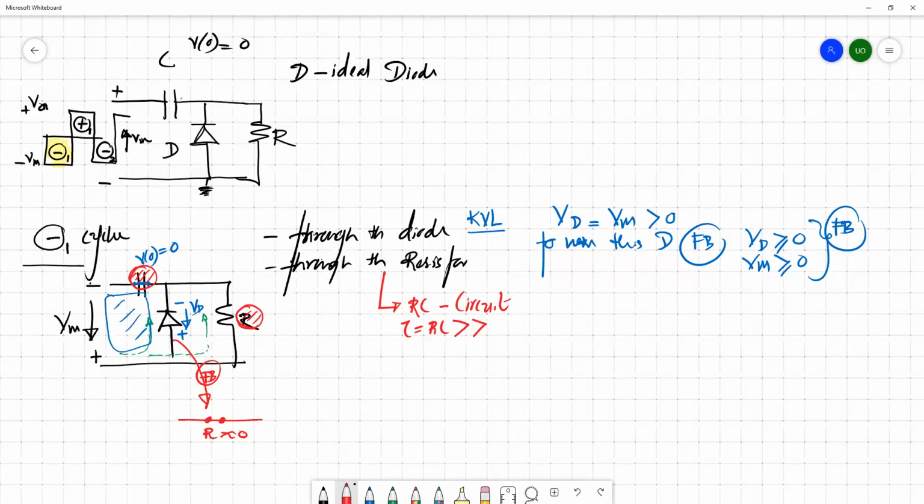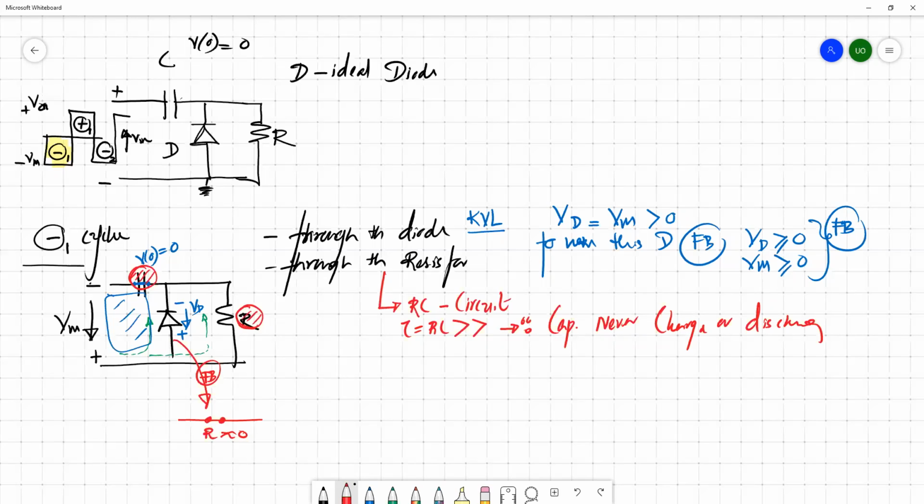If this time constant, which is created once you connect this RC circuit, is very high, you can argue that due to this time constraint, this capacitor never charges or discharges.